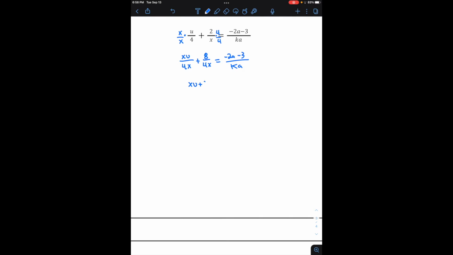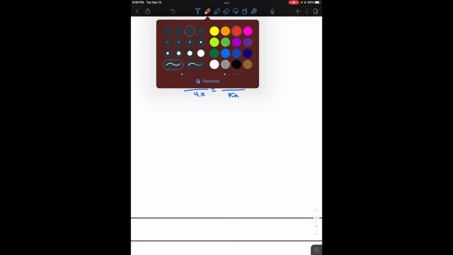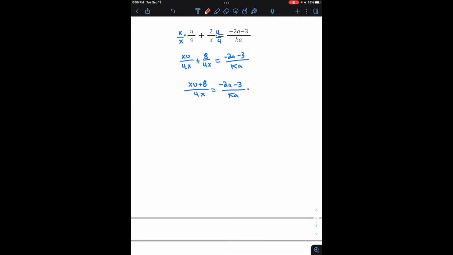So xu plus 8 over 4x equals negative 2a minus 3 over ka. Okay, our goal is to get a's combined, and we want them all in the numerator. So what we're going to do is multiply both sides of our equation here by ka.